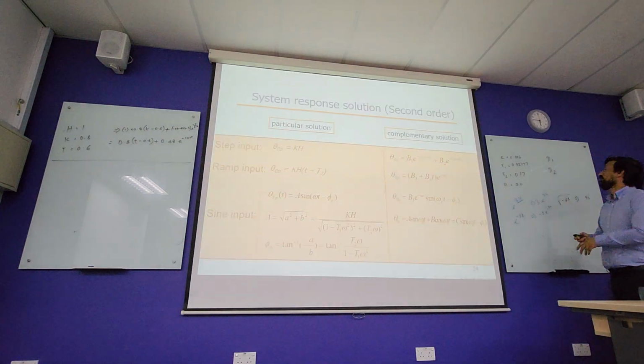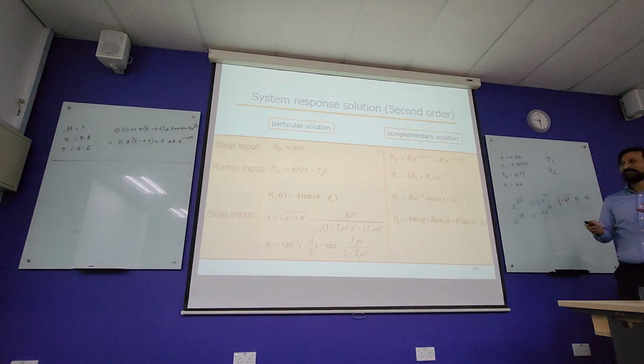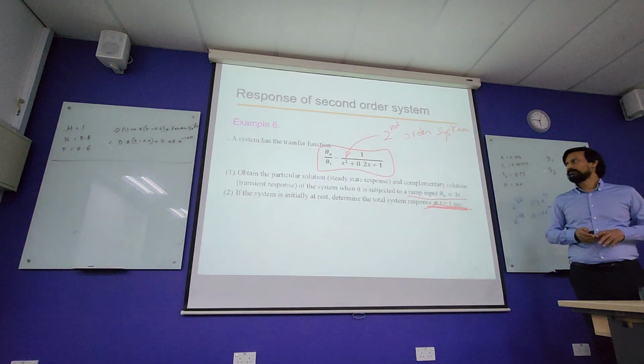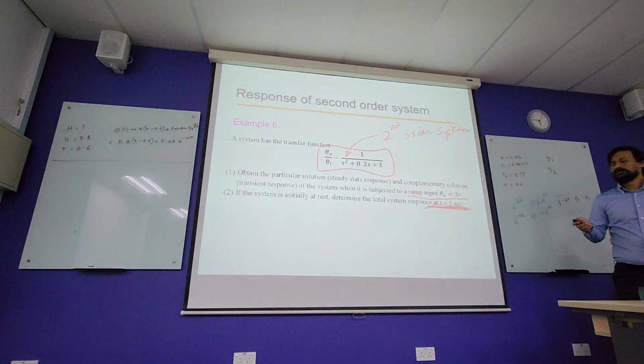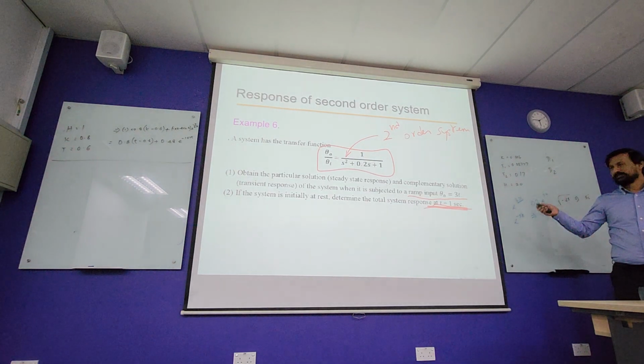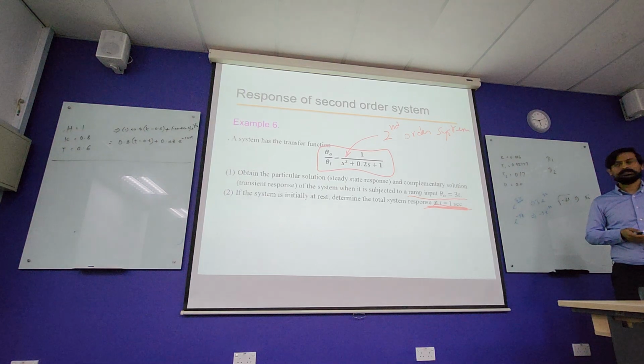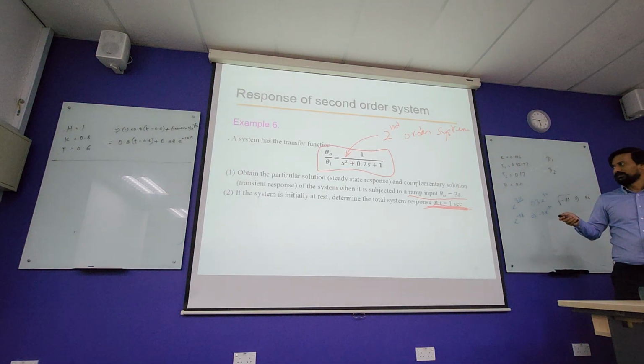Actually, time is running out, so I'll leave it there, but similar examples are there. You can follow the same pattern for your midterm. Yes, second order system, the same ramp input is given and the time is also given. If it is not given, then you can put zeros.